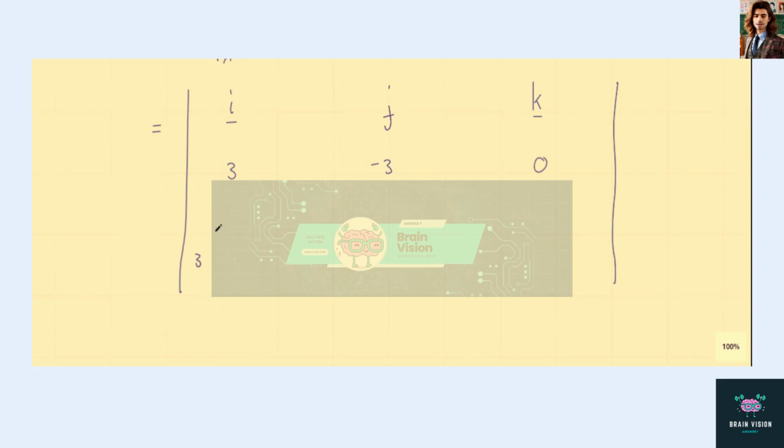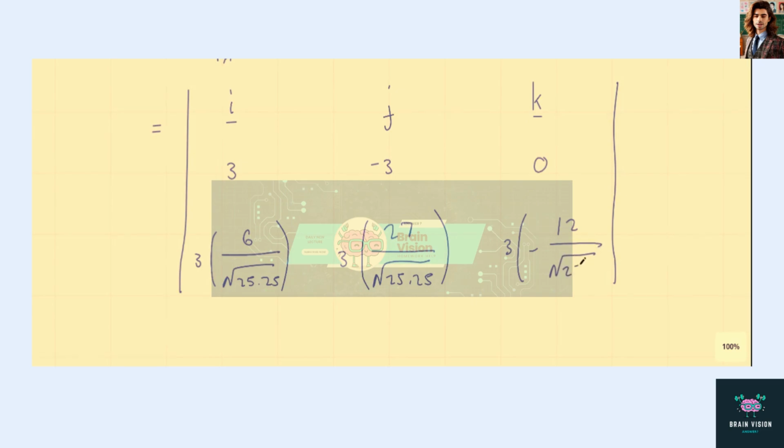And m V_A is the mass of the particle, 3 kg, times its velocity, which is 6 over the square root of 25.25 in the x direction. For j, that's 3 into 27 over the square root of 25.25, and in the k direction, that's 3 into minus 12 over the square root of 25.25.